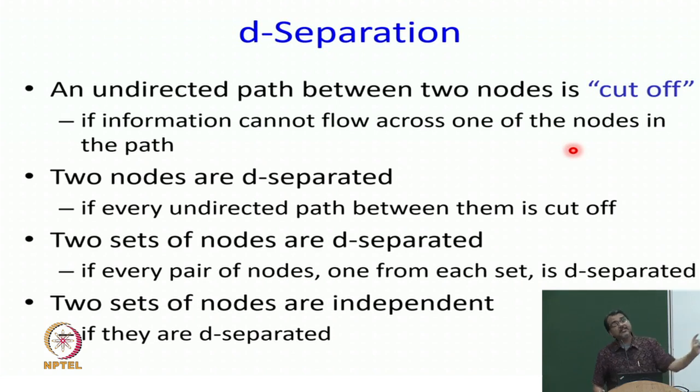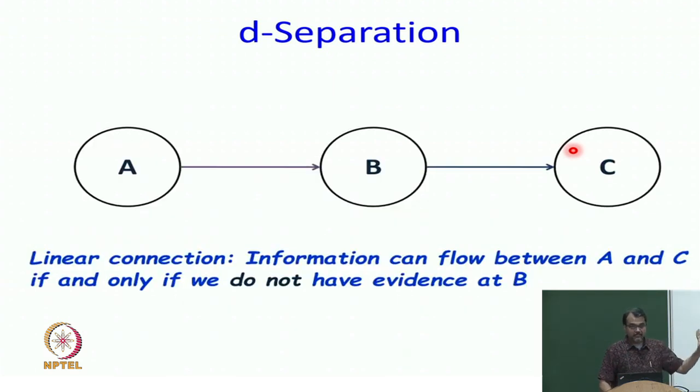And in every path that you check whether information can flow or not, at every step it will be either a linear connection or a converging connection or a diverging connection. Keep following those rules. And if you find that those rules still make this path information flow, then it is not d-separated. If the information cannot flow, you check the next path. If you find no such path where information can flow, then they are independent of each other. Okay? Try to do some practice, this is important.